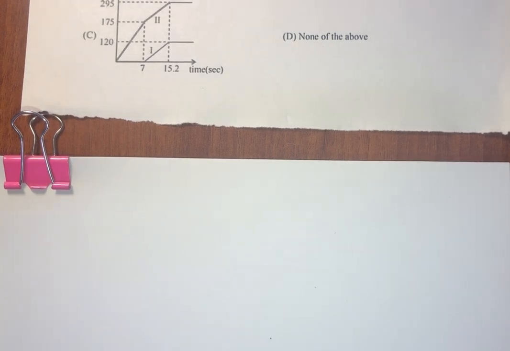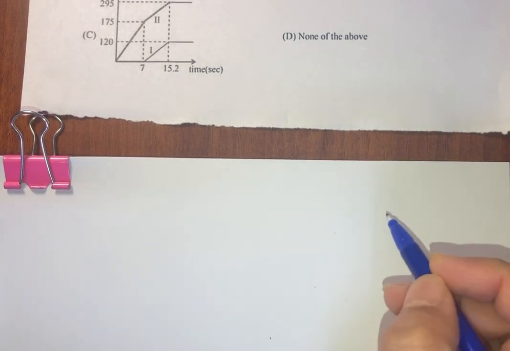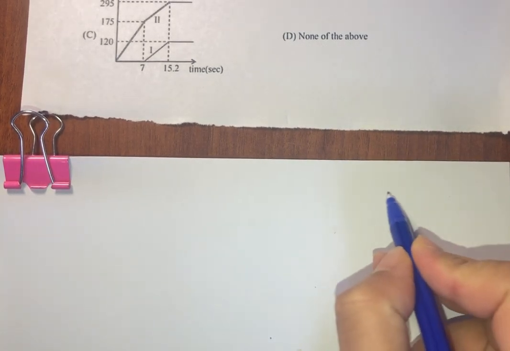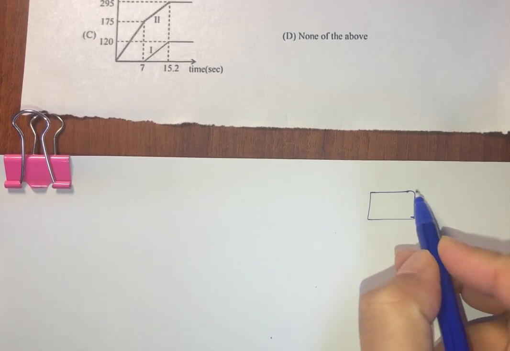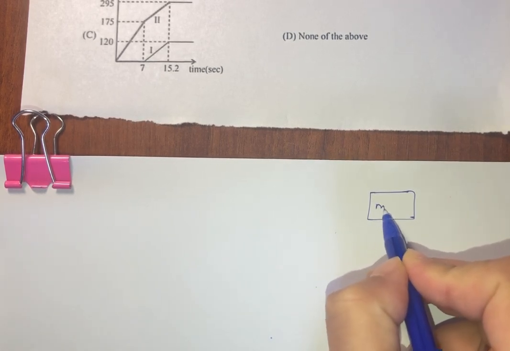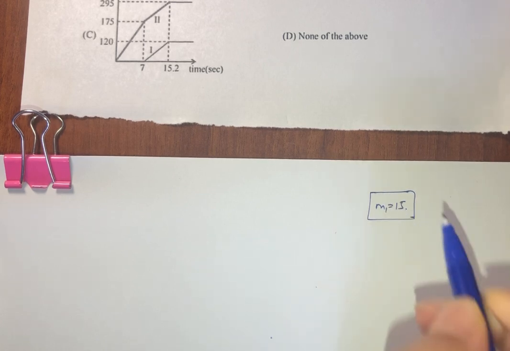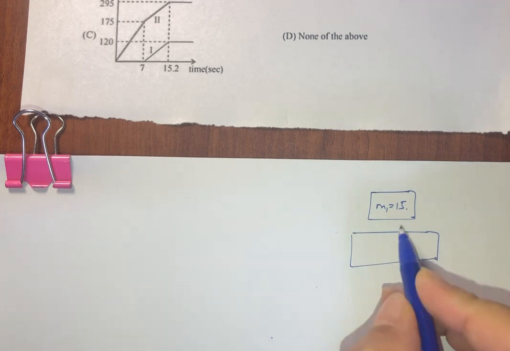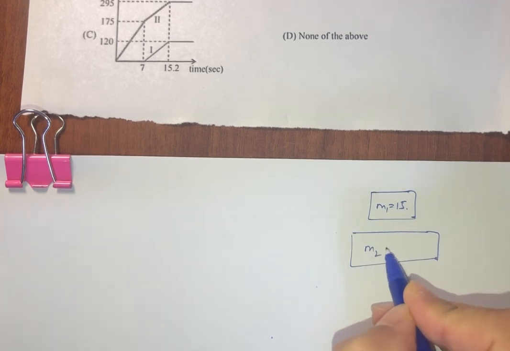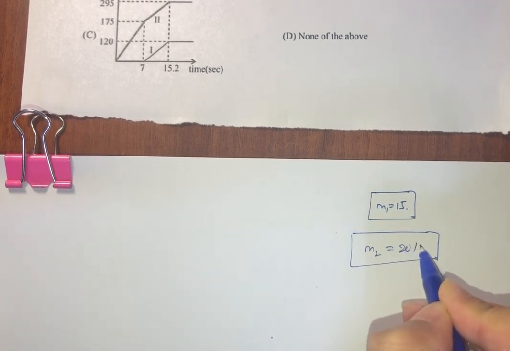So first of all, let us draw a free body diagram for both the blocks, which will be helpful in representing all the forces. So this is your M1, which is 15 kg, and this is our M2, which is our 20 kg.